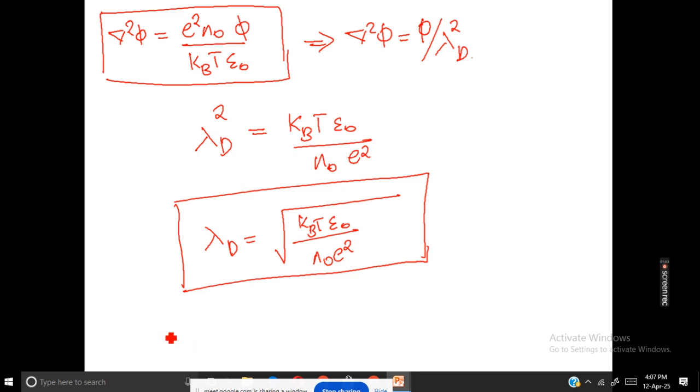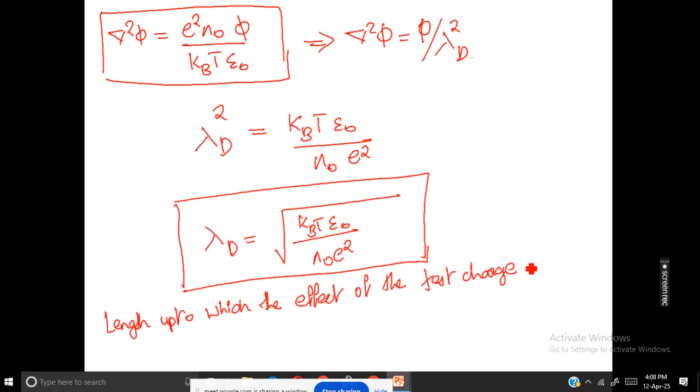So this is the length up to which the effect of the test charge would be felt.